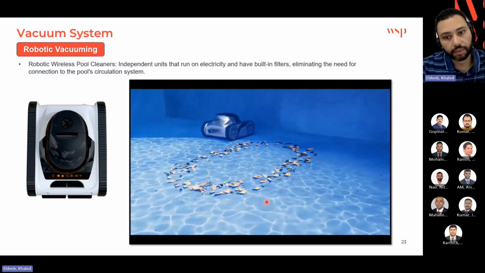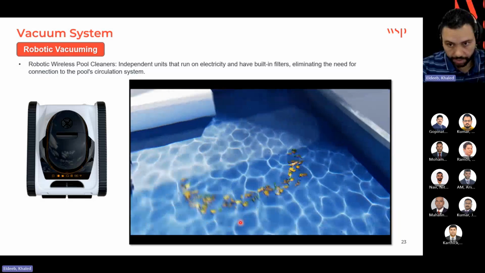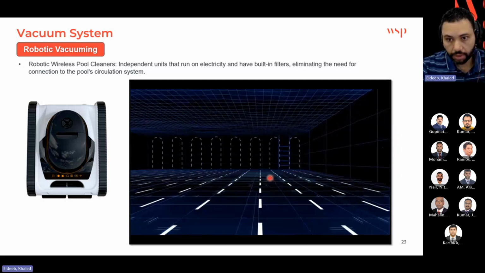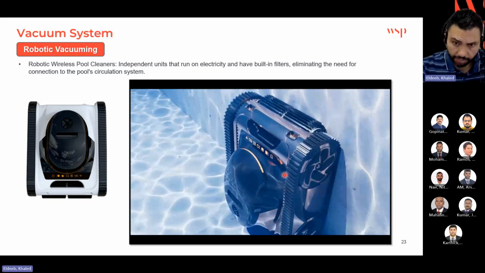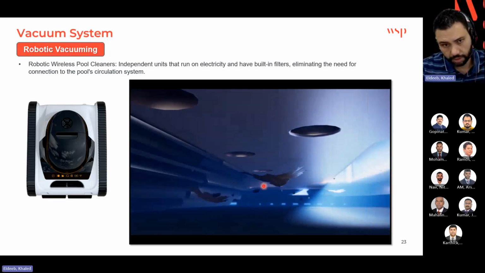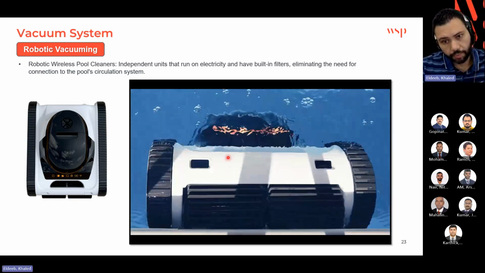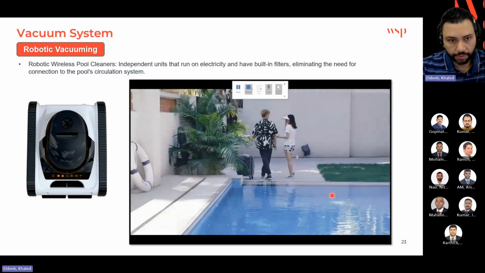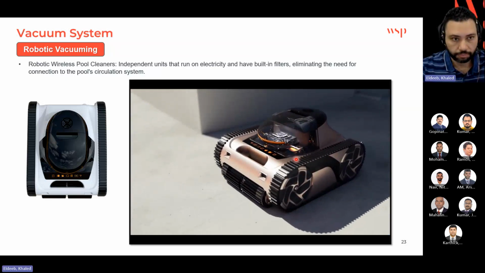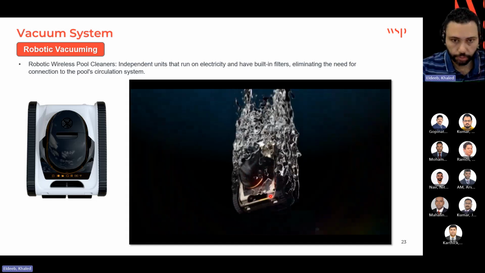Then it keeps filtering the water, trapping the leaves that you see and tiny objects in its built-in filter, and finally stops when it is done. Some models have smarter technology to map the pool and clean efficiently, but this is one of the famous ones, the robotic vacuum.